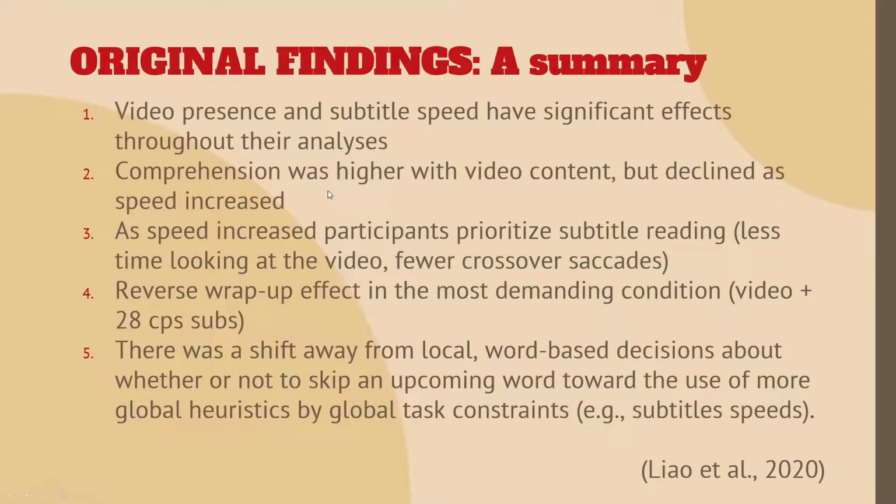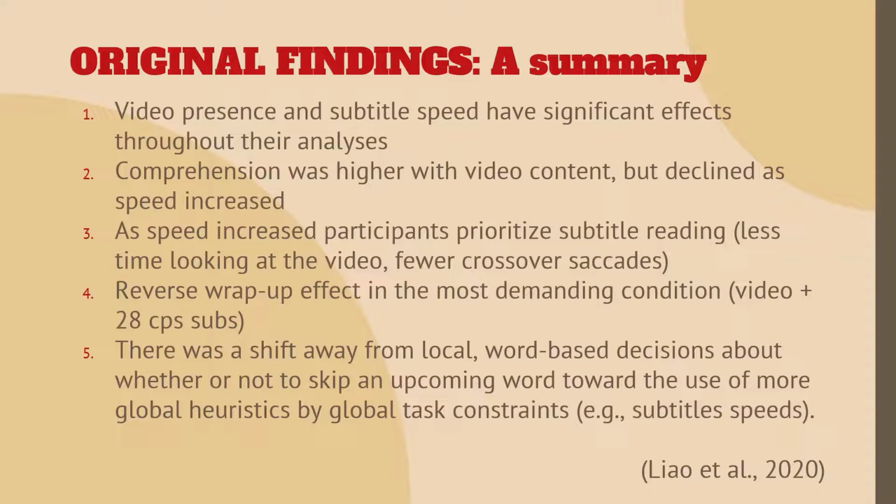So just to summarize, the original study found that adding the video and changing subtitle speed has significant effects pretty much throughout the analysis. That comprehension was higher with video content. So video actually, contrary to what some postulated, does increase comprehension, so it helps, but comprehension accuracy declined as the speed increased, right, especially at 28.